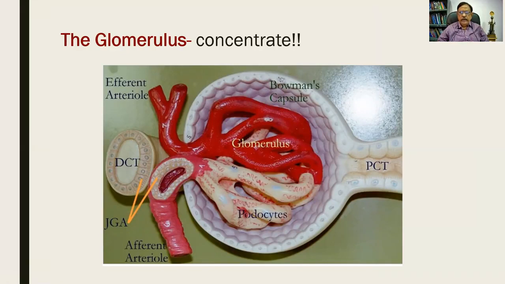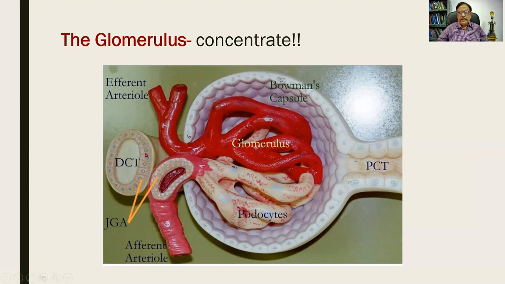And here I have got a picture of the glomerulus. What is the glomerulus? It is basically a tuft of capillaries. So this is the glomerulus. And surrounding these capillaries, there is a space called the Bowman's space, which is encapsulated by means of the Bowman's capsule.